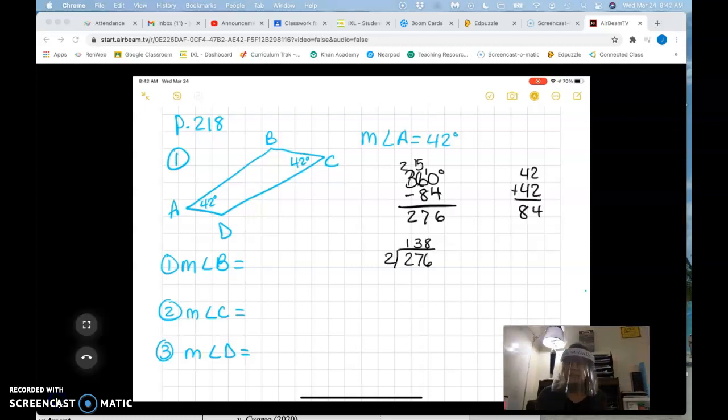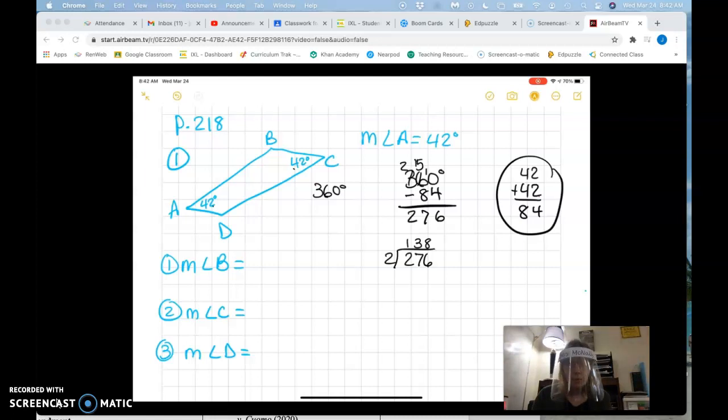So we just talked about how to find the other two angles in our parallelogram. We know that all the angles add up to 360 degrees. So we added 42 plus 42 and got 84. Then we subtracted that from 360 and got 276.